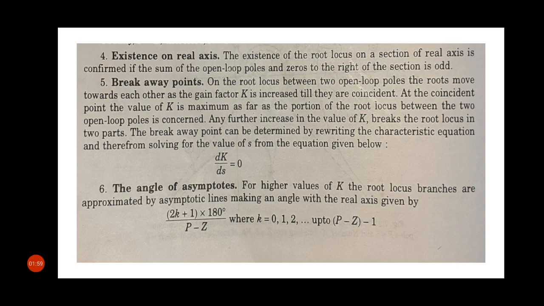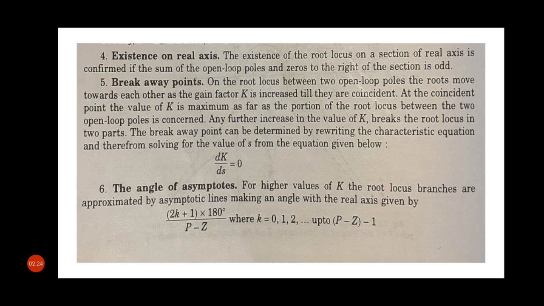Now see the fifth point. Fifth is the breakaway point. So how do we find the breakaway point? On the root locus between two open loop poles, the roots move towards each other as the gain factor k is increased till they are coincident.